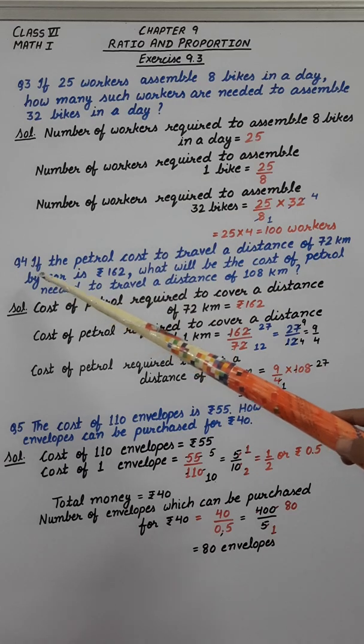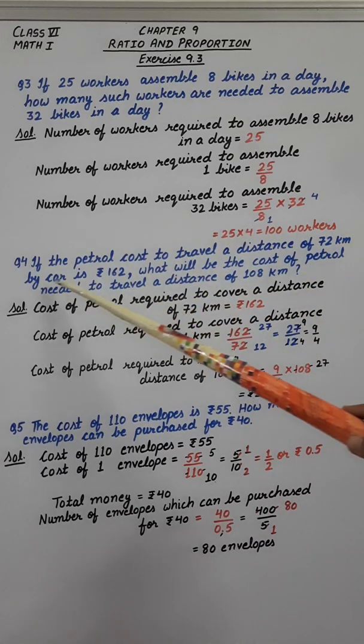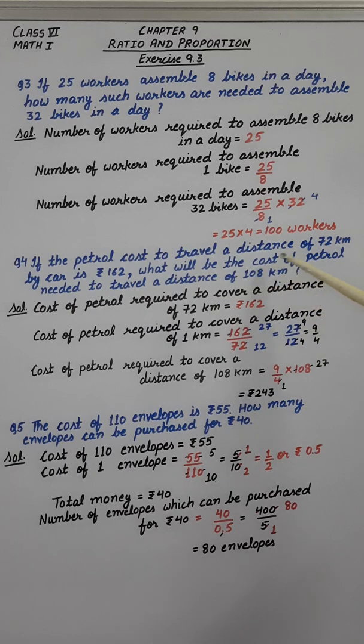Coming to the fourth question, if the petrol cost to travel a distance of 72 km by car is rupees 162, what will be the cost of petrol needed to travel a distance of 108 km? Now let's begin the solution.